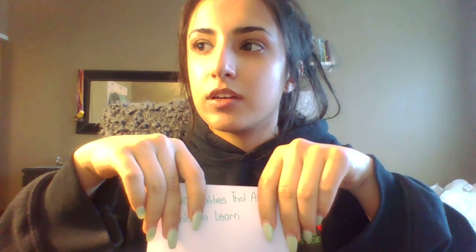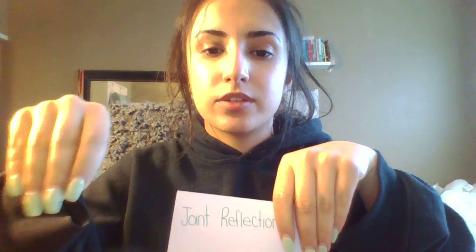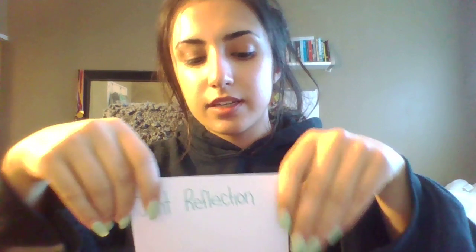Three basic abilities that allow infants to learn are joint attention, social referencing, and imitation. Joint attention is that you focus on what they focus on, so when you see your mother look the other way, you'll look where she's looking.